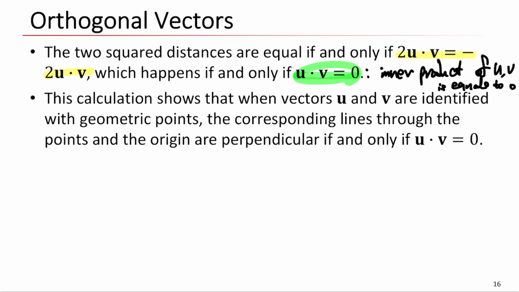Okay, so in other words, the corresponding lines, the two vectors, are perpendicular if and only if the inner product of vector u and vector v is equal to 0. Okay, so what does it mean?